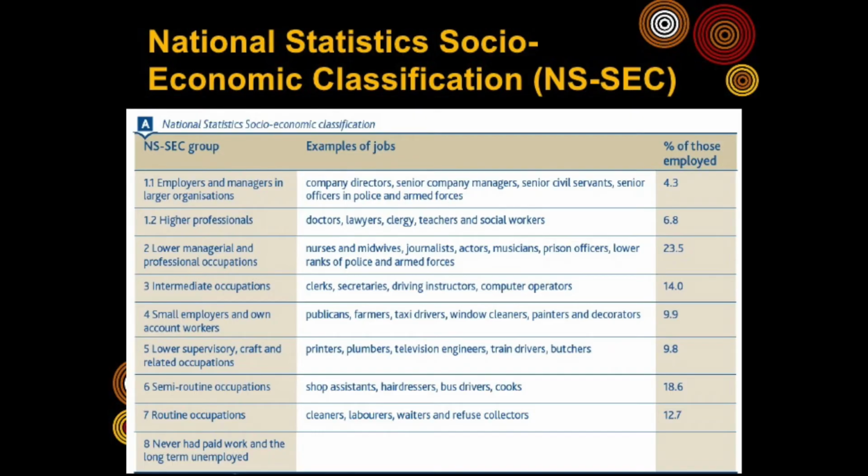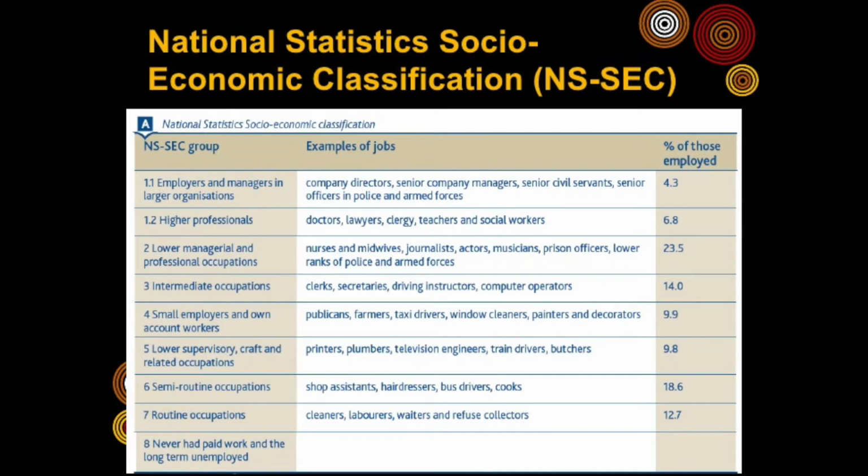Now, in the UK, the British government now use an 8-class system when they are looking at social class. And this is called the NSSEC. You should be seeing these now. Essentially, this is an 8-class system, the NSSEC, and this is not actually about traditional social class. This is a way of dividing people through socioeconomic status rather than the traditional class system.